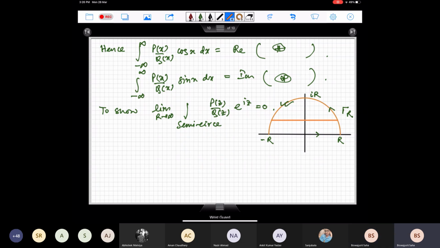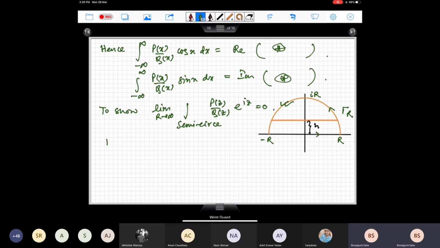I am going to segregate into two parts. So let's call this height h. The part which is above this height h, I'm going to call a. The part which is below, I'm going to call b.